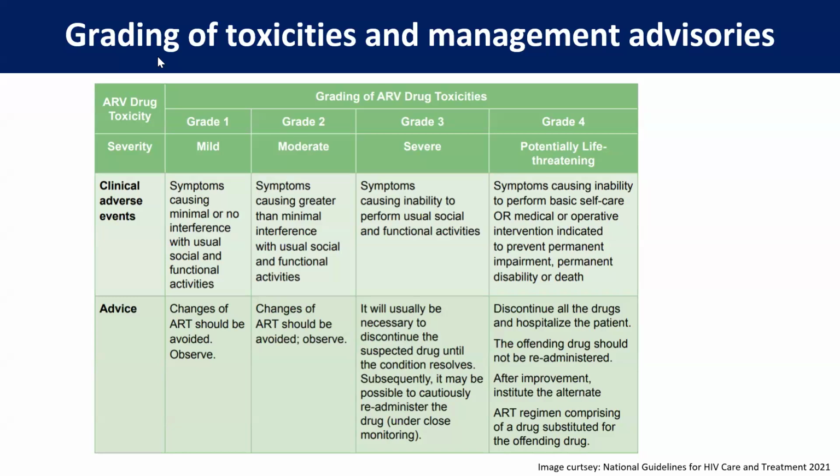So in case of mild toxicity and moderate toxicity, you do not have to change the ART. But in case of severe and very severe, potentially life-threatening toxicity, you have to change the antiretrovirals.